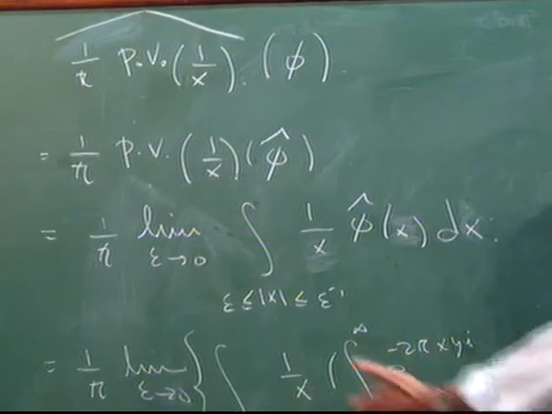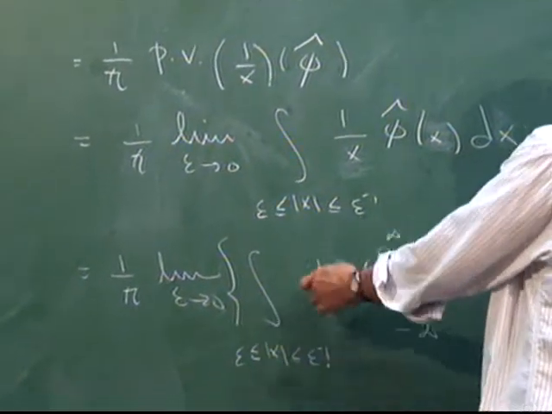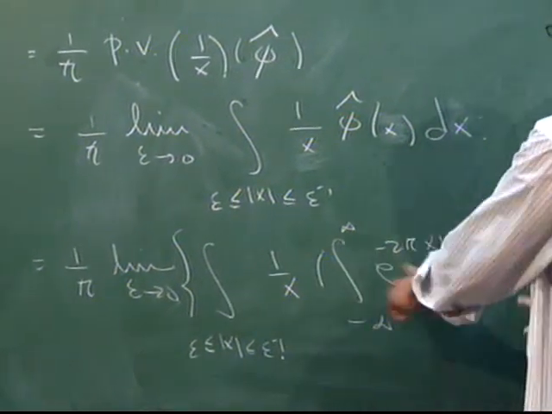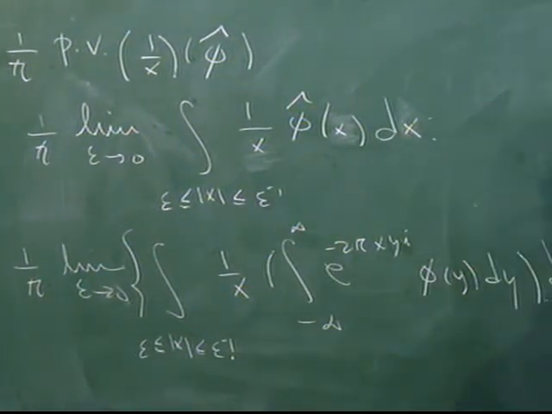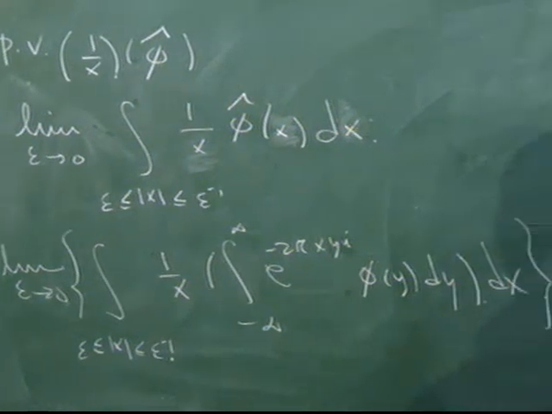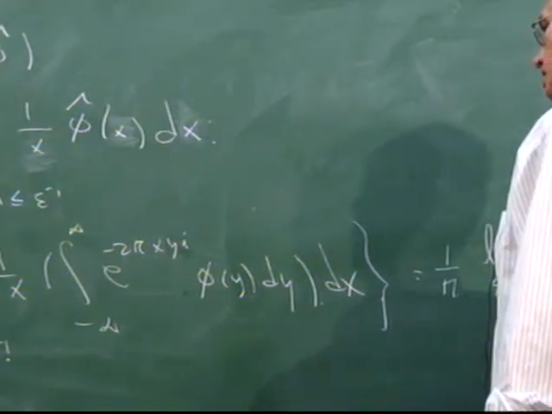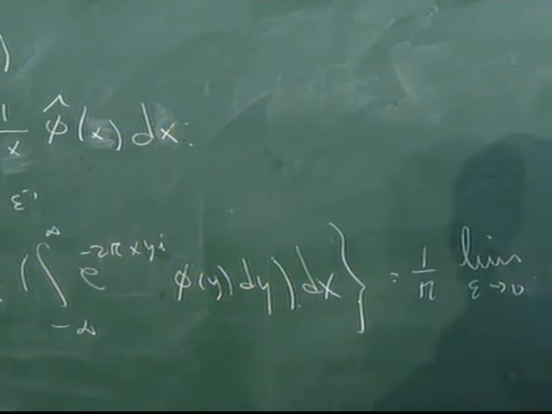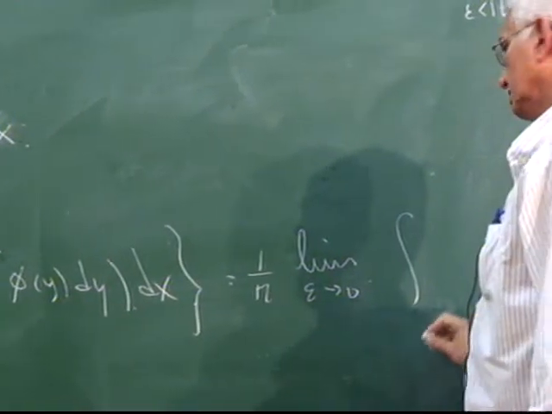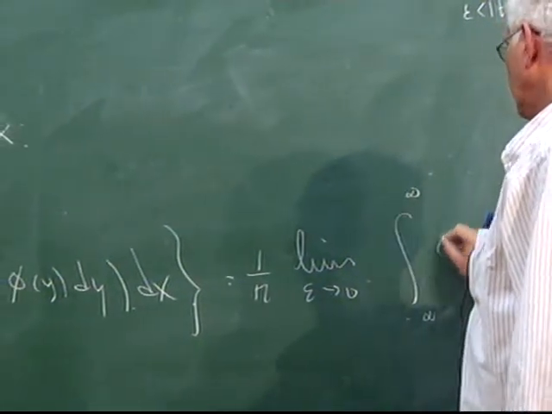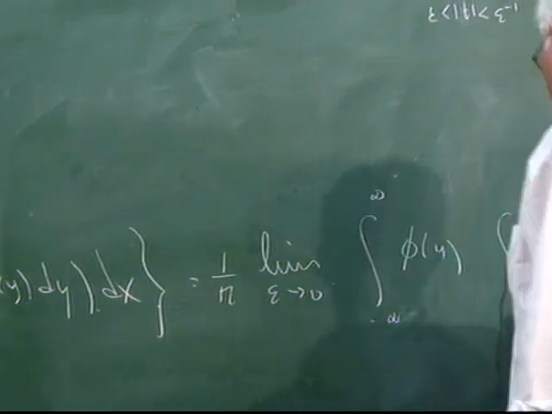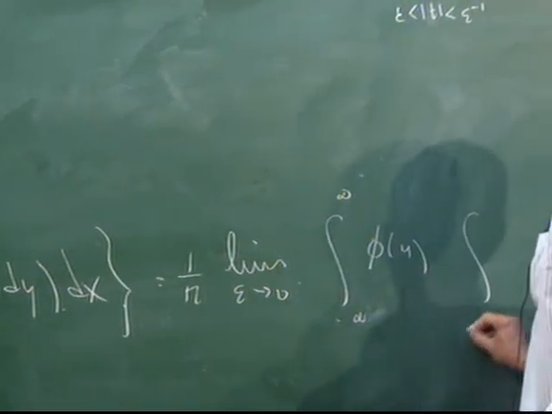Okay, now for every epsilon, this function is integrable, this function is extremely nice, then you can apply Fubini as far as you don't pass the limit inside yet. Then this is exactly the integral between minus infinity and infinity. Then you have phi of y here, and you're going to have the integral here in x.